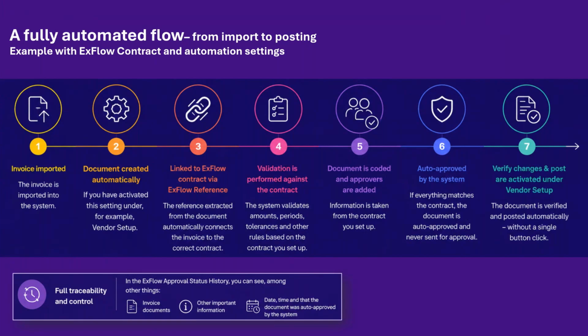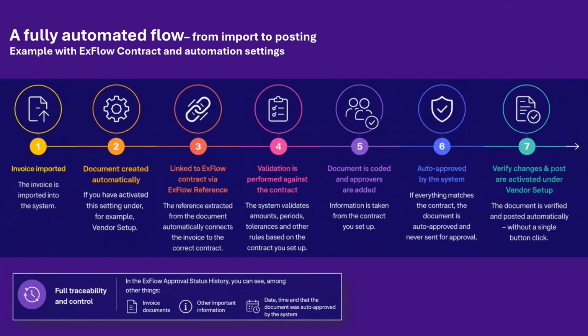Then lines are created, approvers are added automatically, and the document is auto approved, if everything matches the contract. And if you have also activated automatically verify and post, then the document is posted automatically without a single manual click anywhere in this workflow.